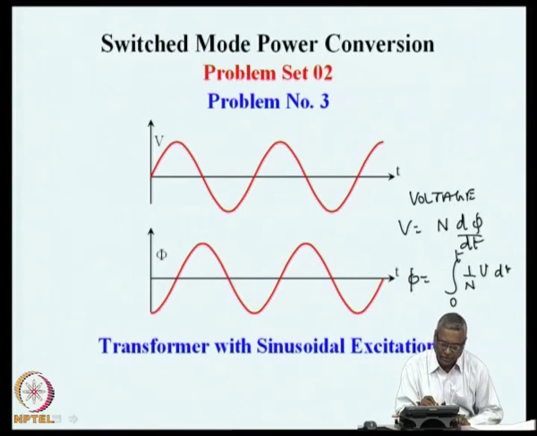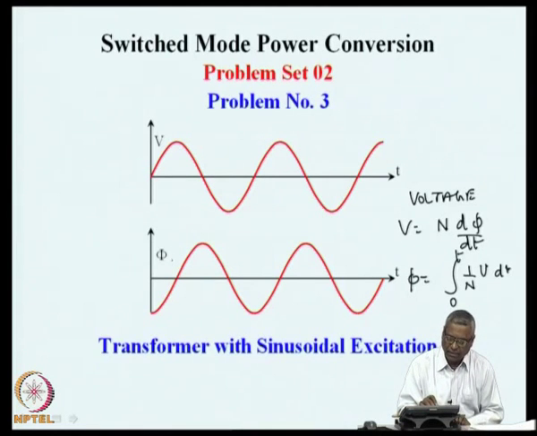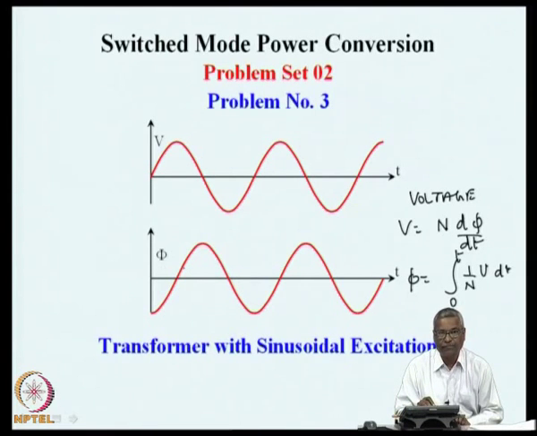So, what we see here is the flux waveform is an integral of the voltage waveform, or alternately the voltage waveform is the derivative of the flux waveform with a scaling factor of n.